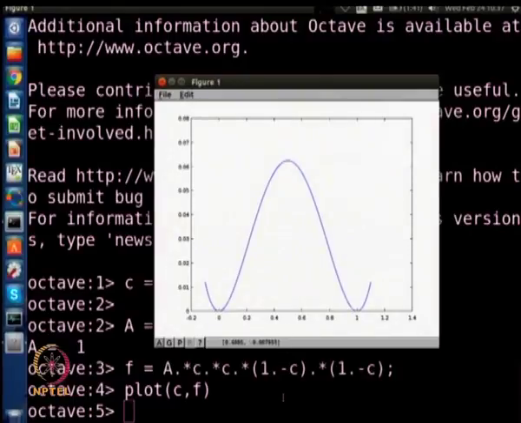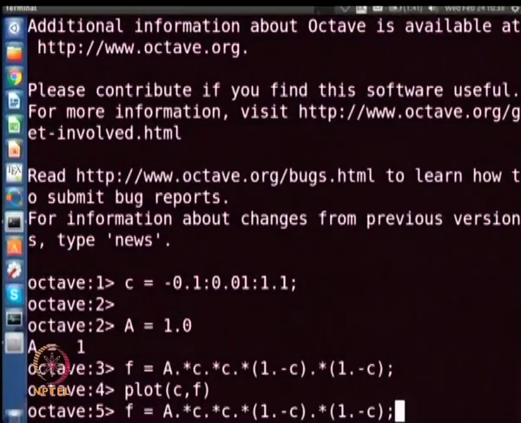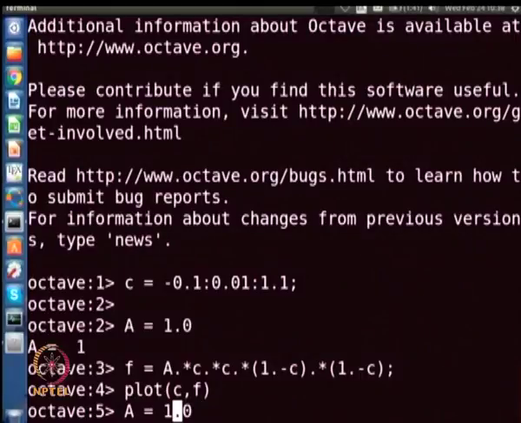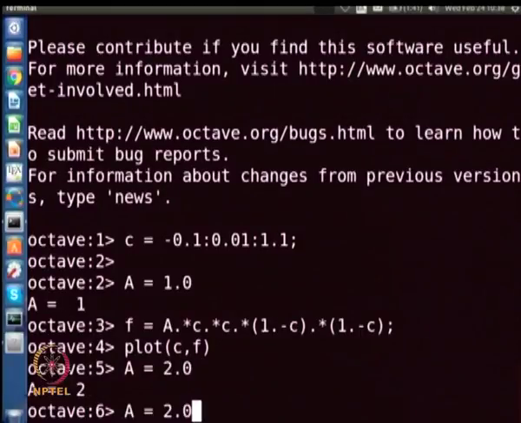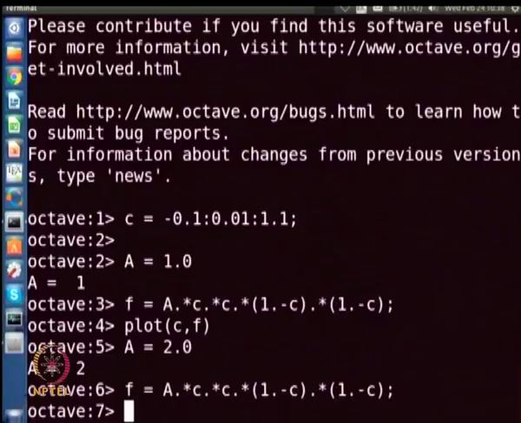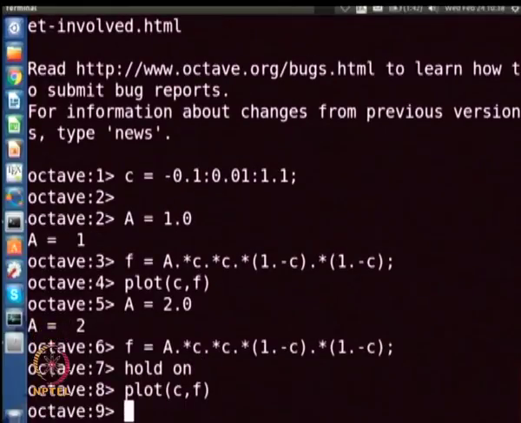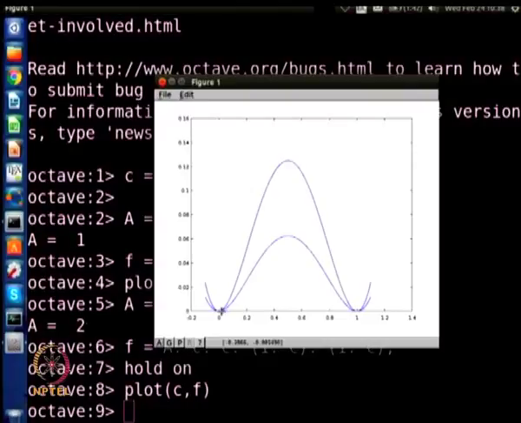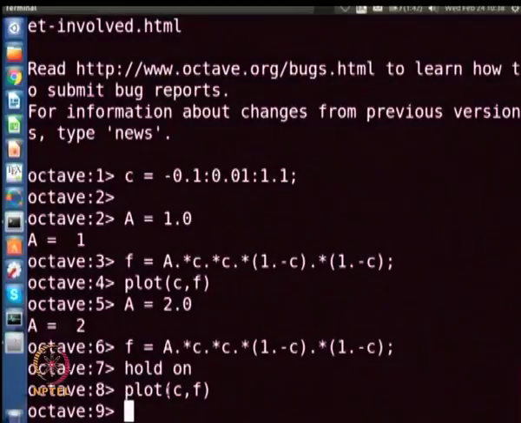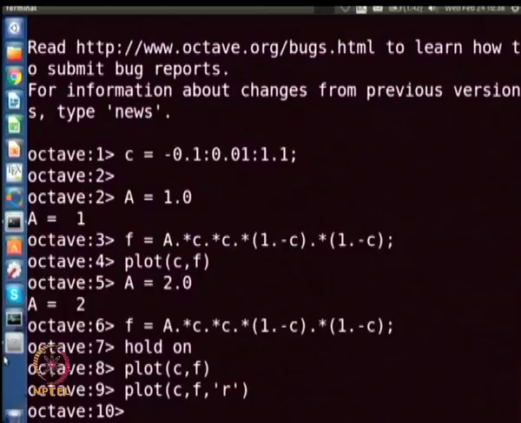Now, you can change the A value. You can make A to be 2, for example, and you can define F. Before I do that, let me hold on, so that the previous plot will be retained, and on the same plot I plot this. So, I have the other curve. Let me plot the second curve using a red line, so we know which corresponds to A equal to 2.